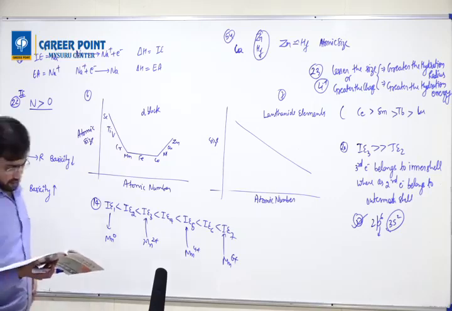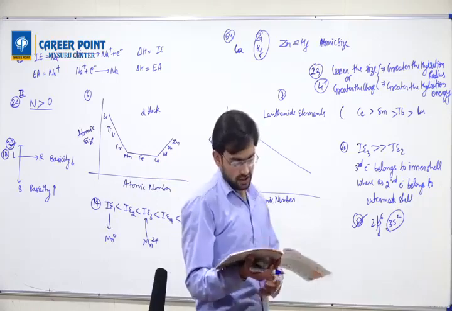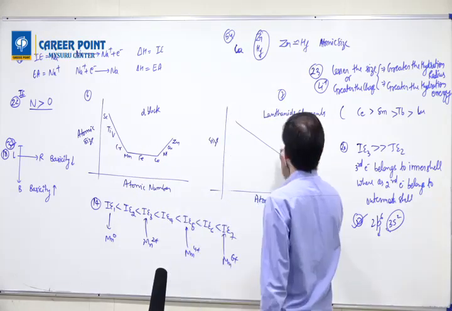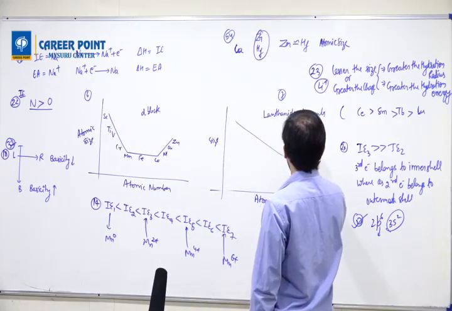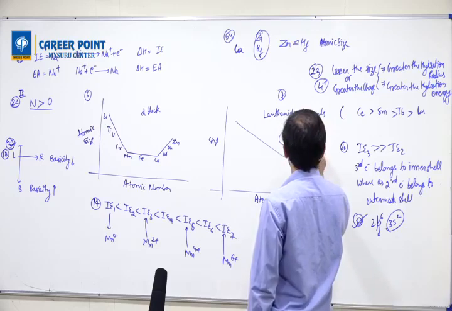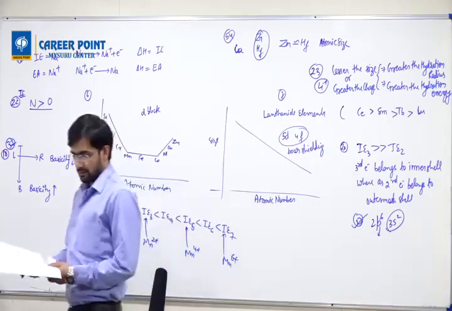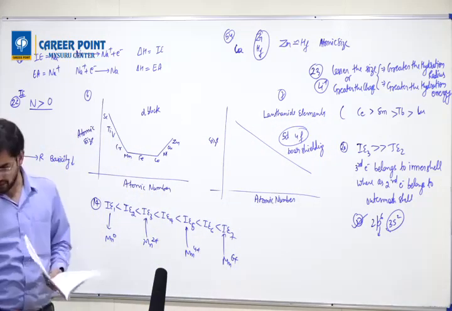Which of the following factors may be regarded as the main cause of the lanthanide contraction? The size decreases because of the poor shielding of 5d and 4f electrons. So that is question number 55.